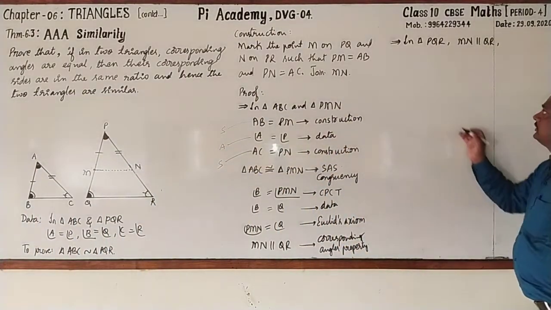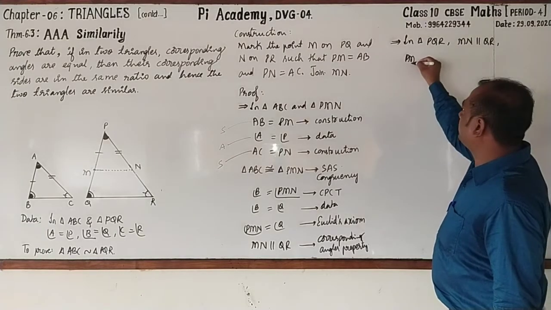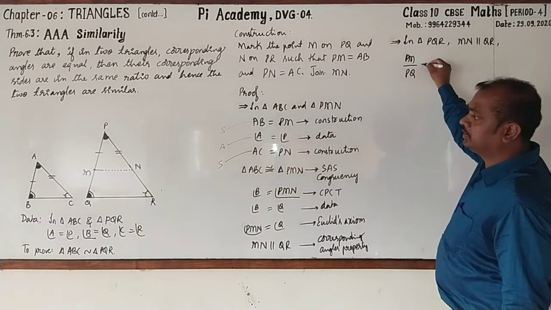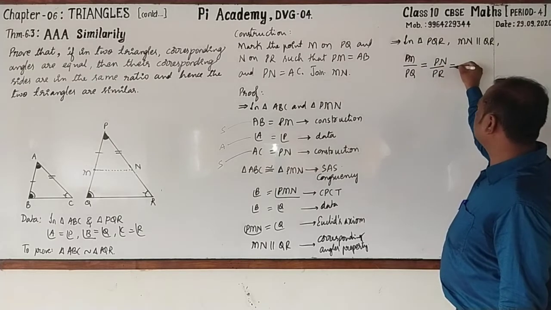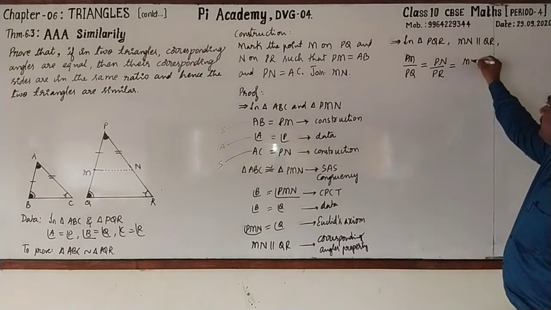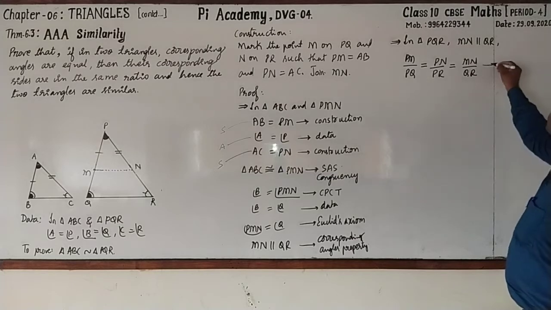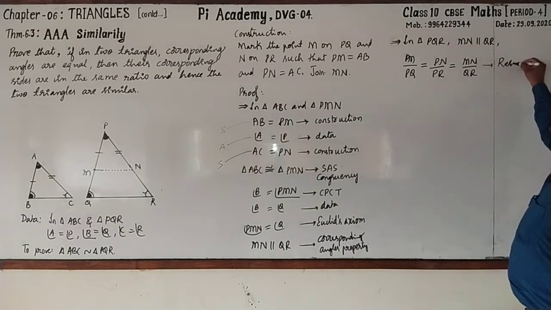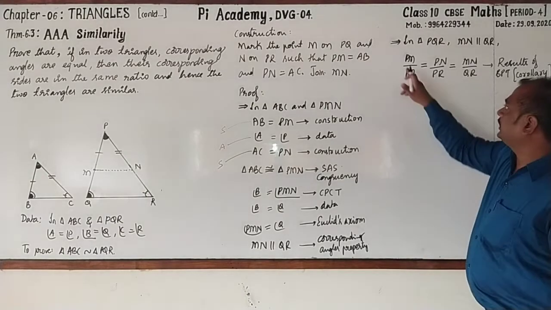Here I will write that. That is, PM by PQ is equal to PN by PR is equal to MN by QR. Followed. It is from the results of BPT. In brackets you can also write corollary of BPT.